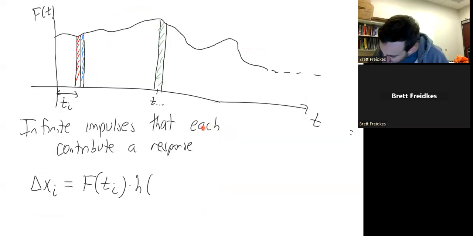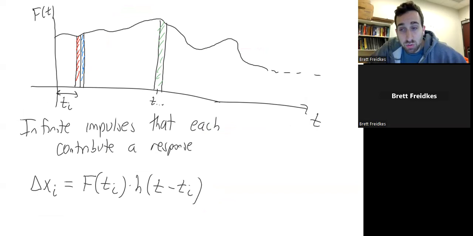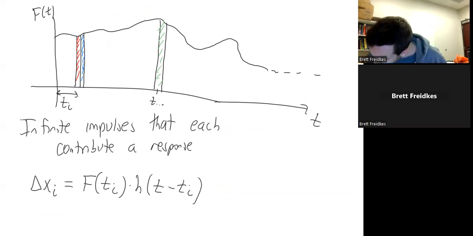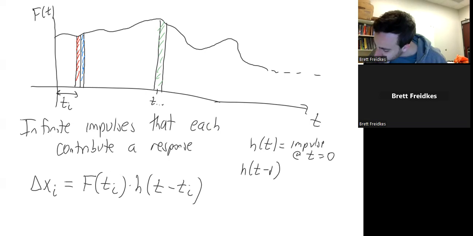The way that we do that is by shifting the location of the impulse to the right, by subtracting out what value of time we're at. So for example, this was h of t. That means impulse at t equals 0. If I do h of t minus 1, that means the impulse occurred at t equals 1.